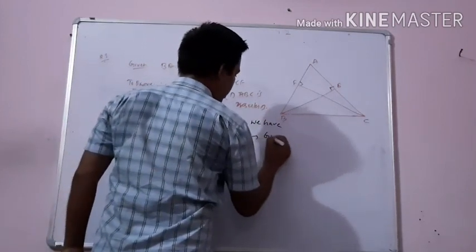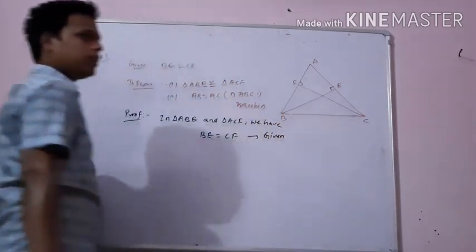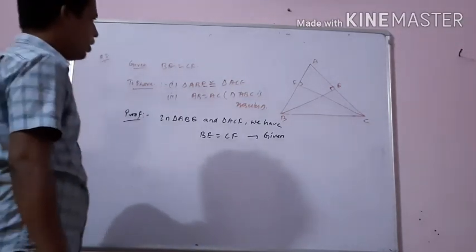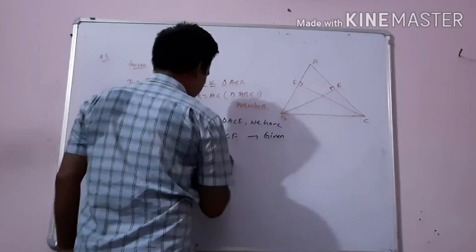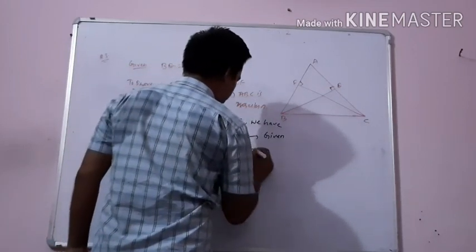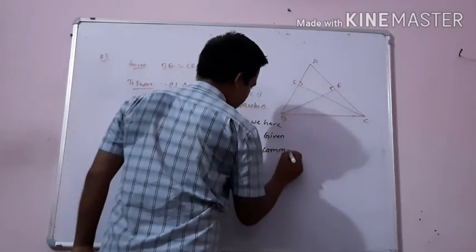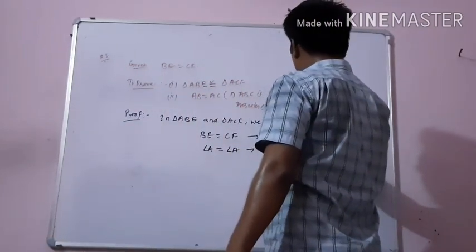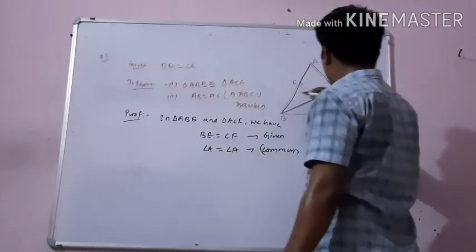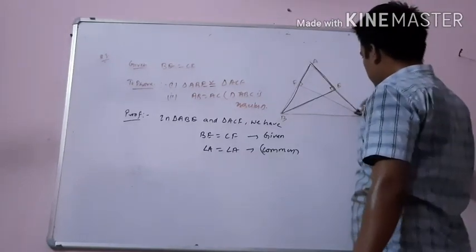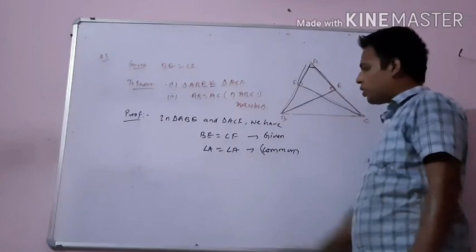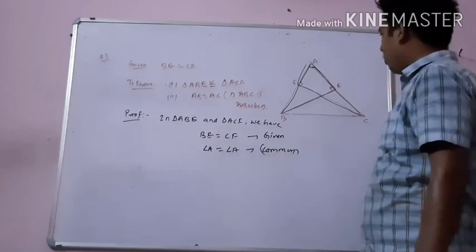From where? It is given in the question. Now angle A will be common in both. When you see triangles ABE and ACF, this angle is common in both the triangles. So angle A equals angle A, common.